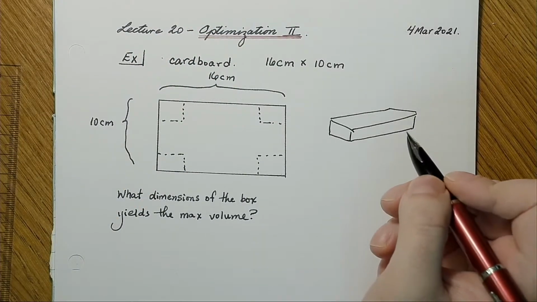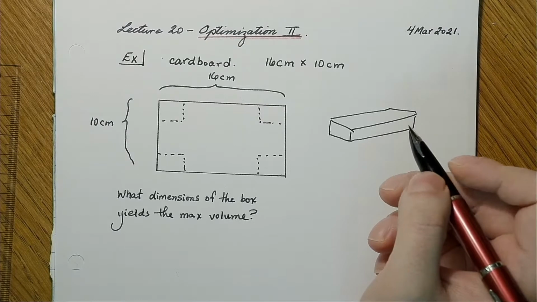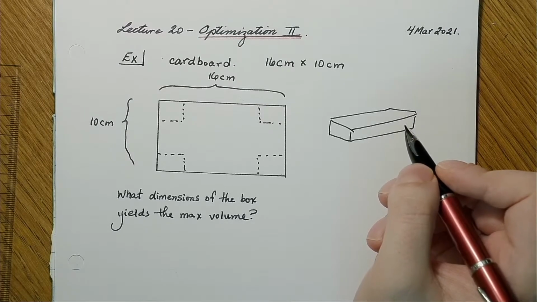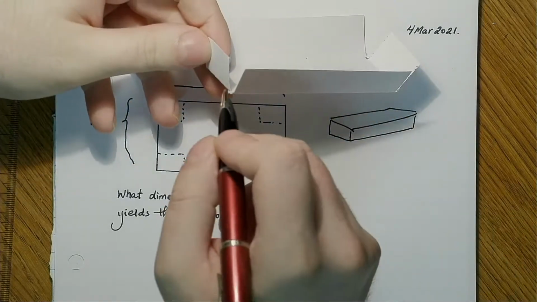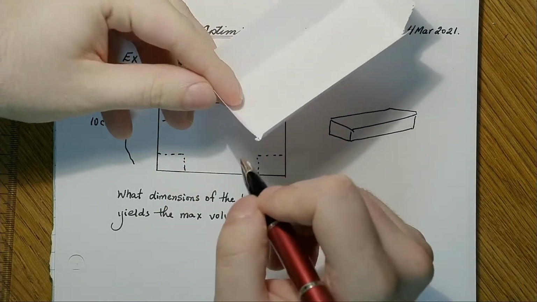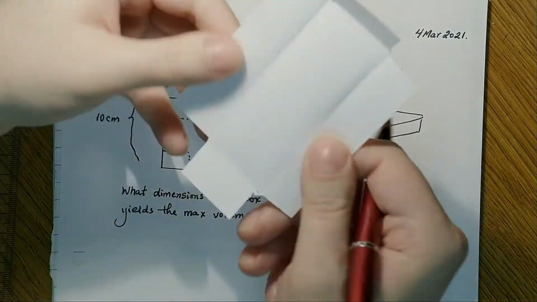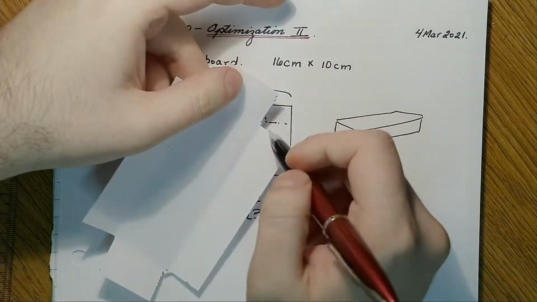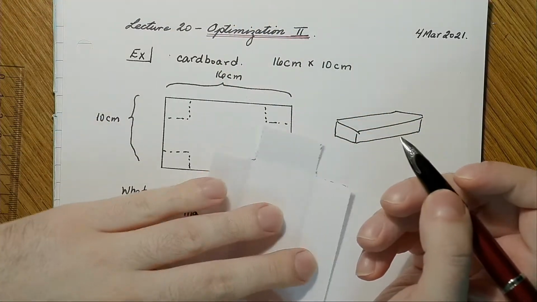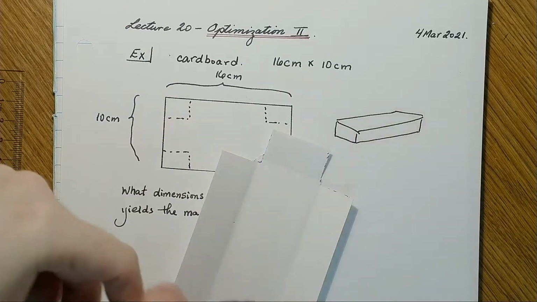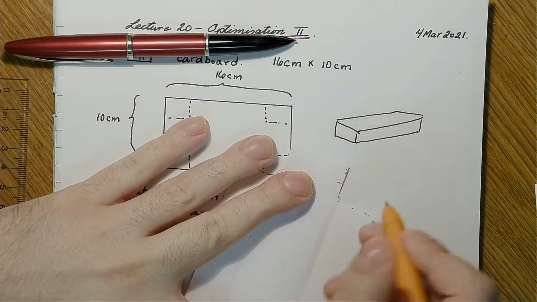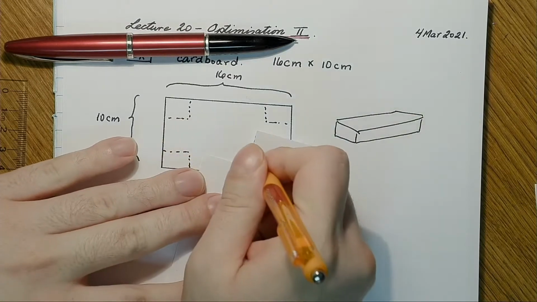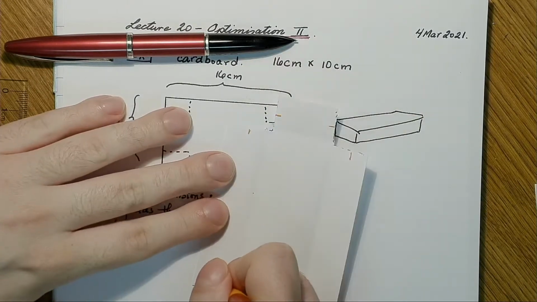Okay. So what we need to do is introduce some notation into this, because the dimensions of this depend on what these squares are that I cut out. In geometry, we used to mark off things that were equivalent length with something like that and something like this.